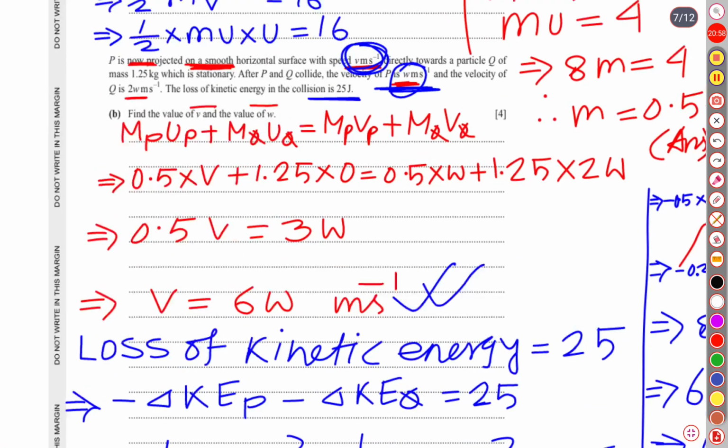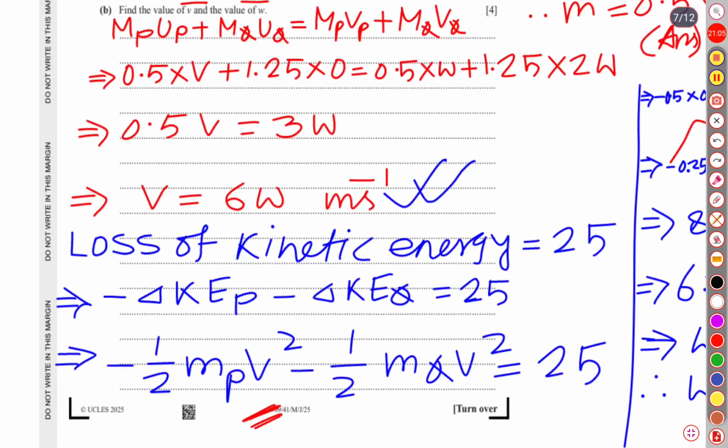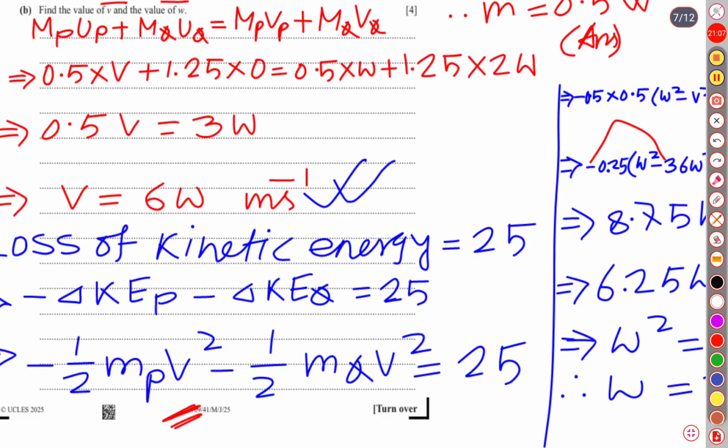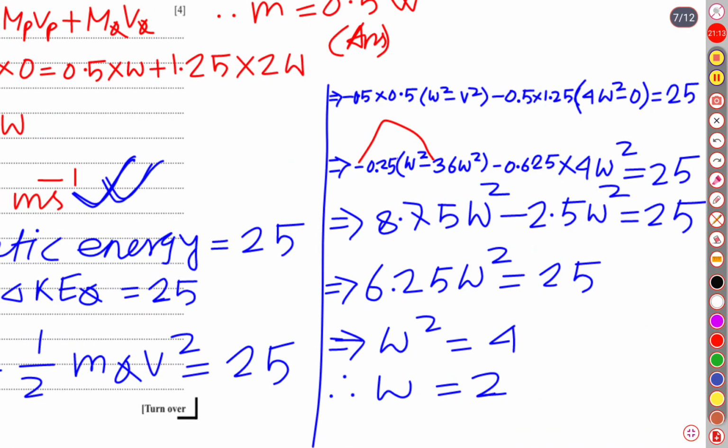The other value we have to find is v. From here, v is equal to 6w, hence v is equal to 6 times 2, 12. V is equal to 12. So these two are the answers we should show.